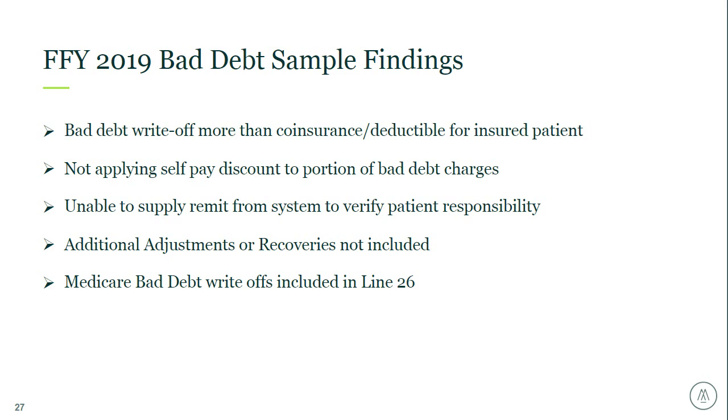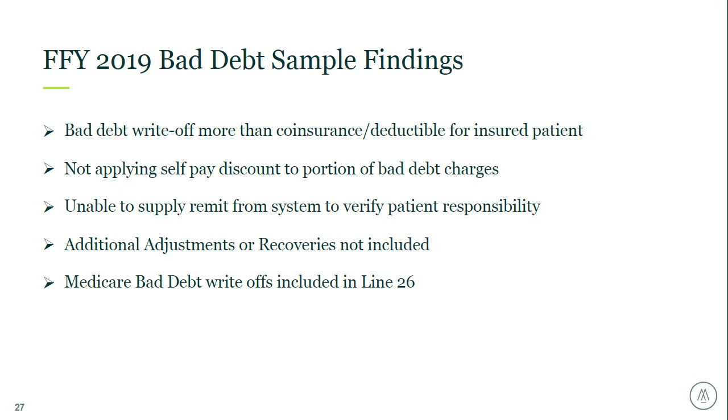Just to touch on the non-Medicare bad debt and Medicare bad debt, there are timing differences between the total bad debt and Medicare bad debt. For example, if there are traditional self-pay Medicare accounts where patient responsibility was written off to bad debt in 1 year, but it was claimed as Medicare bad debt in the future fiscal year, when the claim was returned from the collection agency and deemed uncollectible.